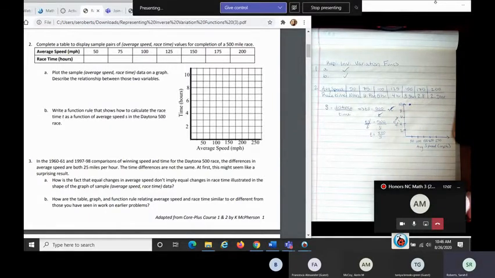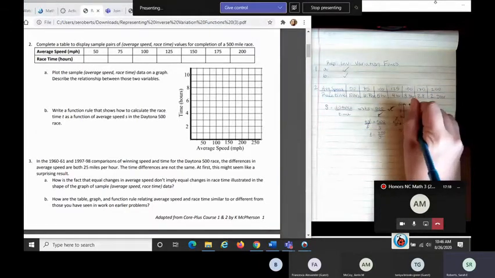Then I'm going to take my next speed, which was 75. That's halfway between here. And 75 goes up to 6.7, so it's almost 7.